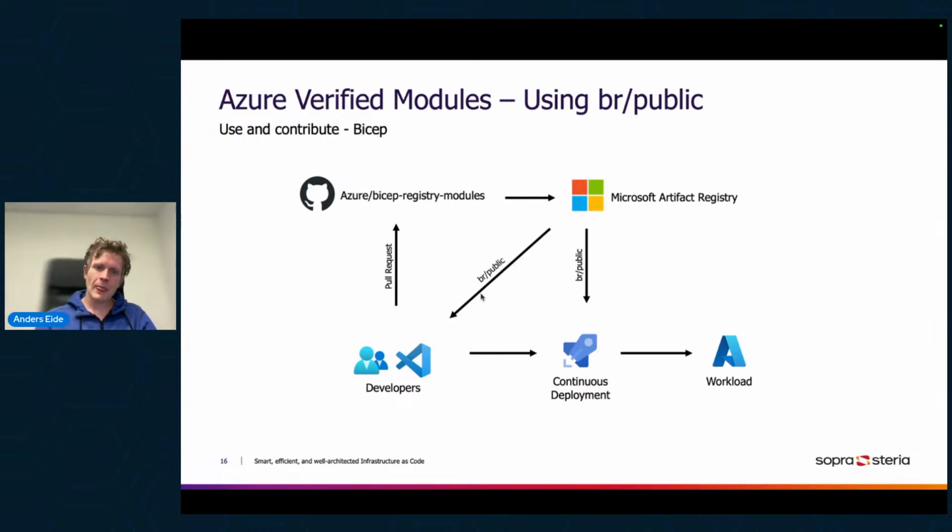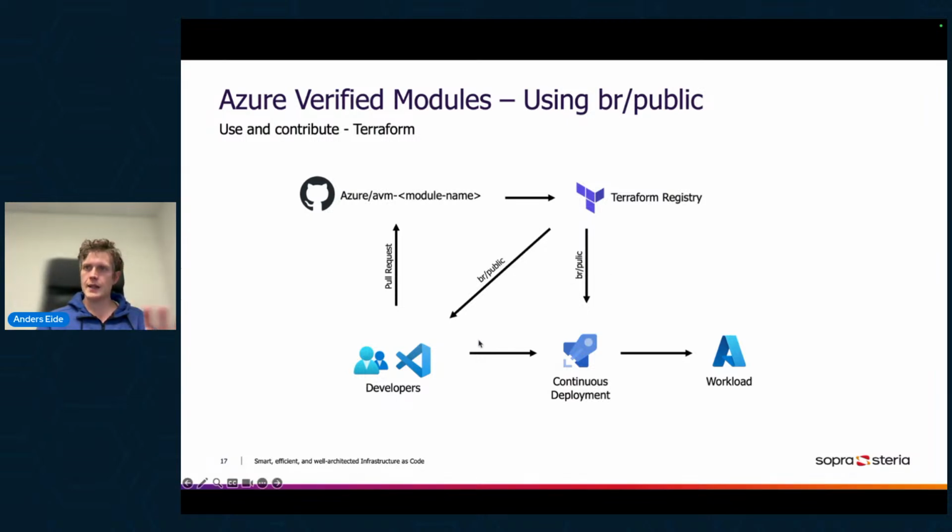So by referencing br/public in the code, you will actually go to the Microsoft Artifact Registry, pull down the module into the source system, and you will be able to start using it. So when you then build the template, regardless if you're using Bicep or Terraform, it will then use the module at the Artifact Registry if using Bicep, or if you're using Terraform, the Terraform registry. So it's fairly straightforward to start using.